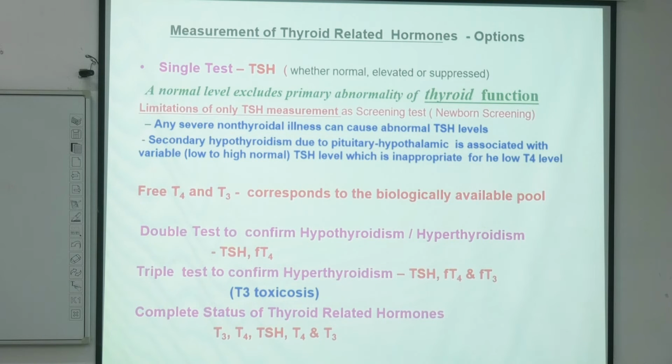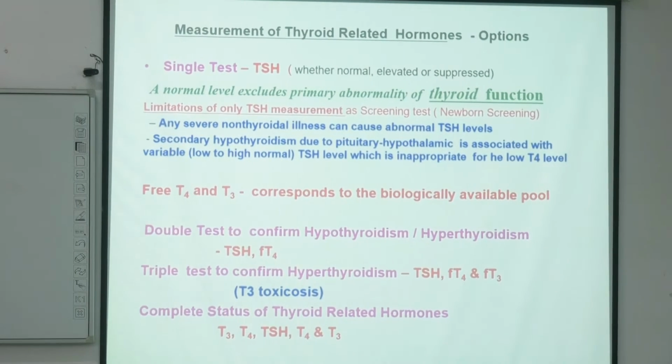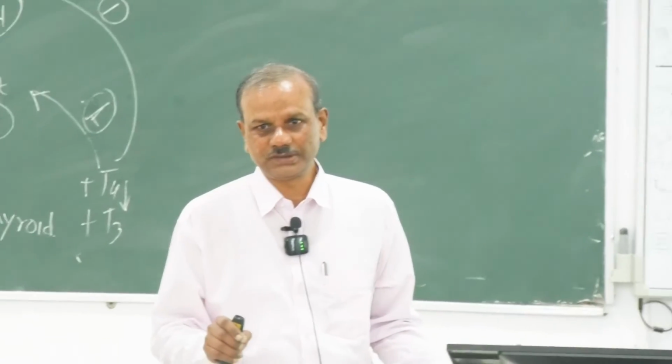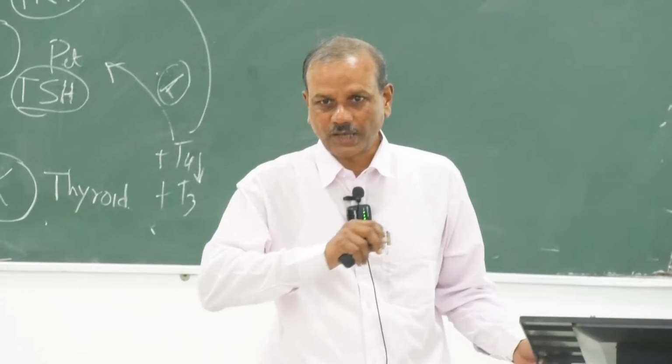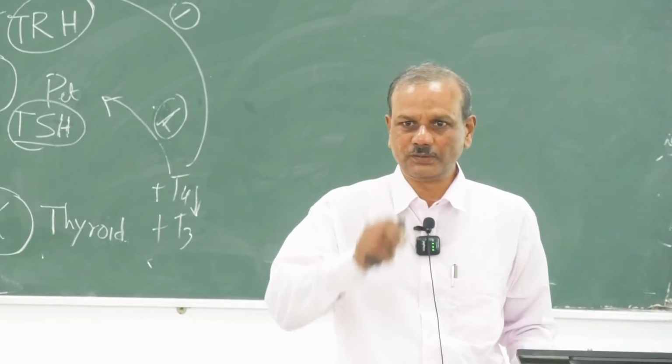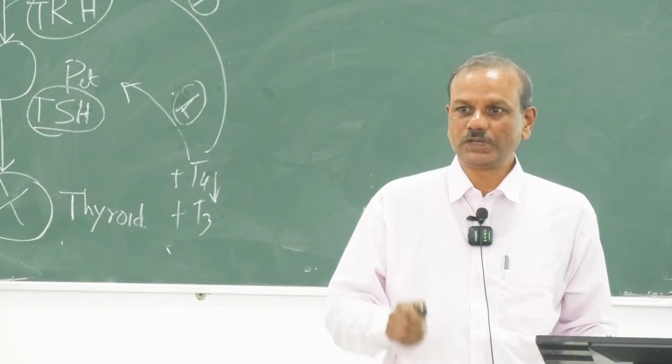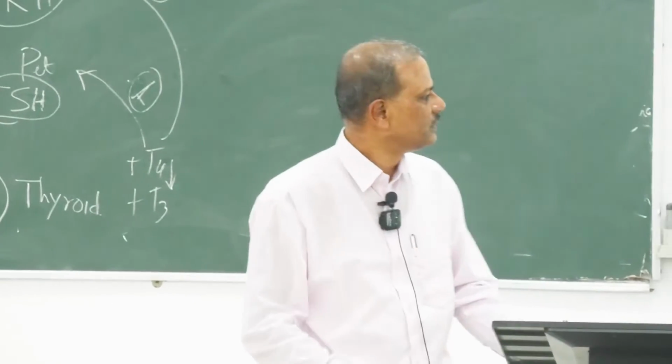So if a choice of 3 tests is given, then you go for TSH, FT4 and FT3, because there is an entity called T3 toxicosis. When there is hyperthyroidism, obviously T4 and T3 will be increased, but FT3 is increased much more in T3 toxicosis.